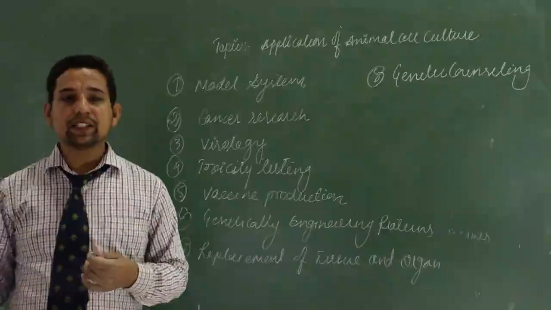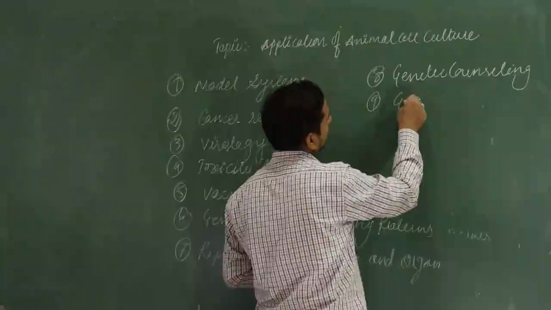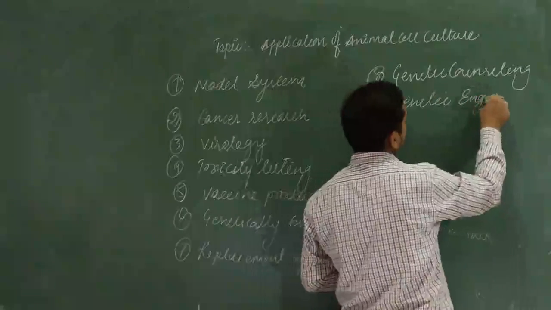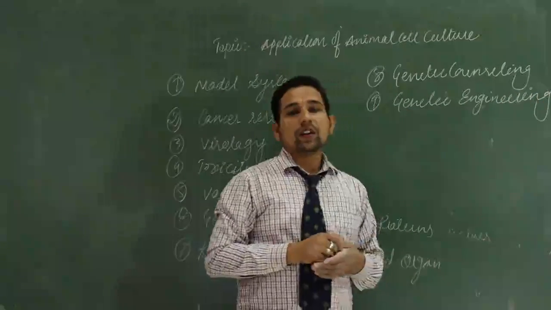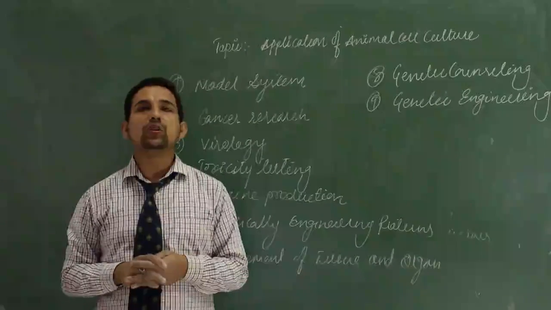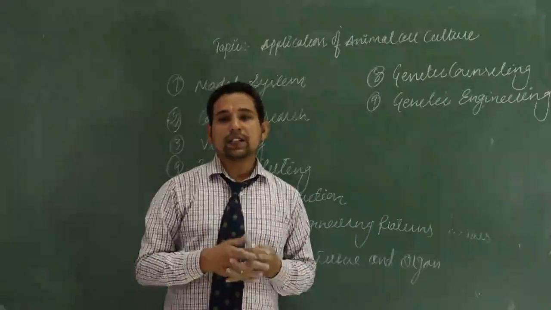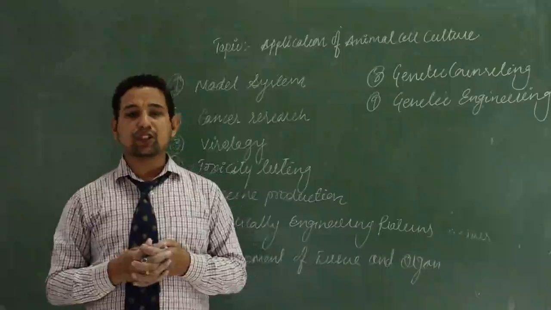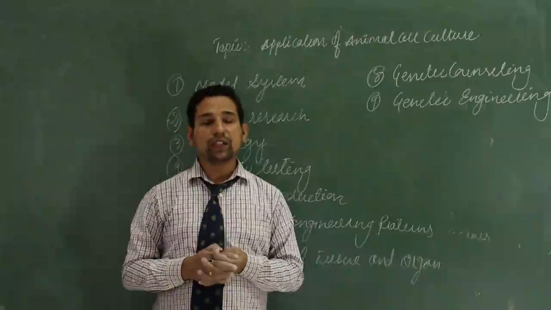Right. Now come to the next area, that is genetic engineering. So, cultured animal cells can be used to introduce new genetic material like DNA or RNA into the cells. These can be used to study the expression of a new gene and its effect on the health of the cells.